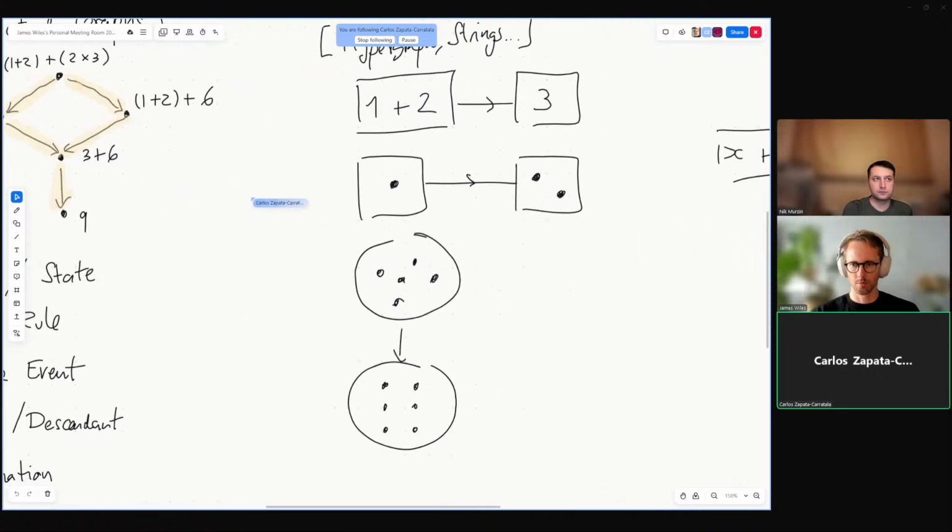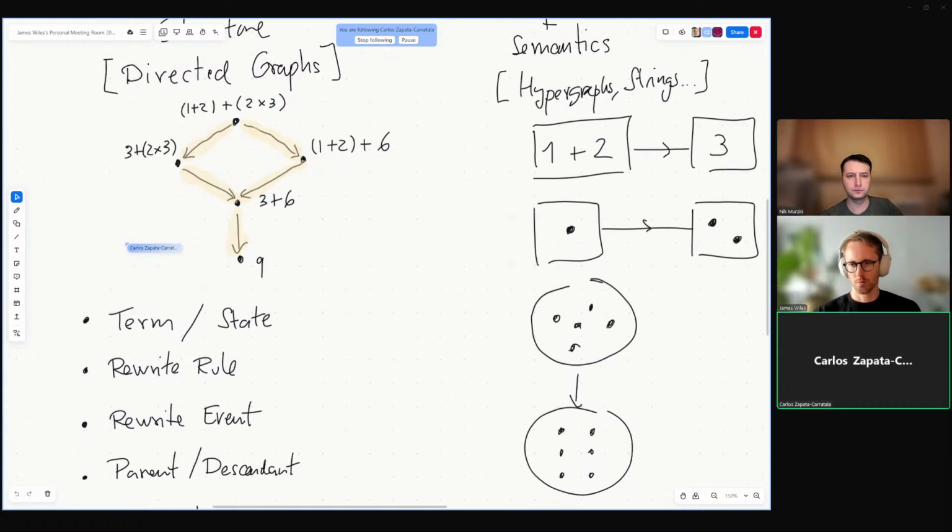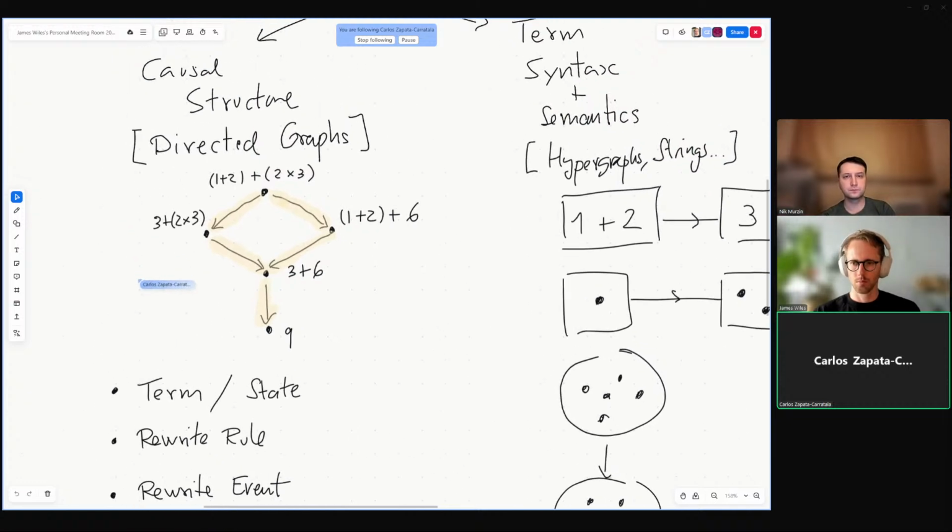Here, just bags of dots. It could be hypergraphs. It could be commutative diagrams in category theory. Anything that you're going to manipulate and that you have some way to represent and operate on, that's your term or state. So when you abstract your rewrite system as a directed graph to express the causal structure, those will go as annotations or tags of the nodes of that graph. The element nodes would be those things.